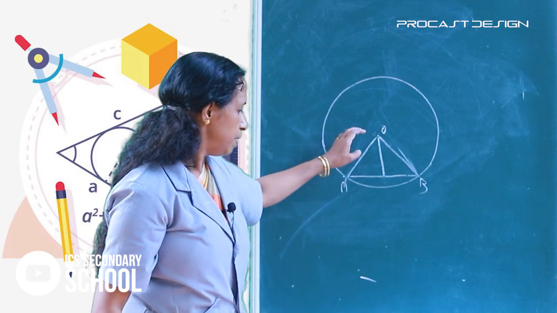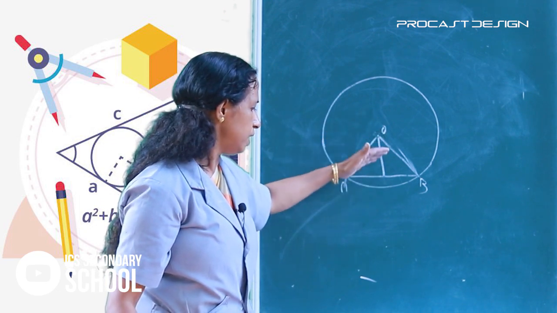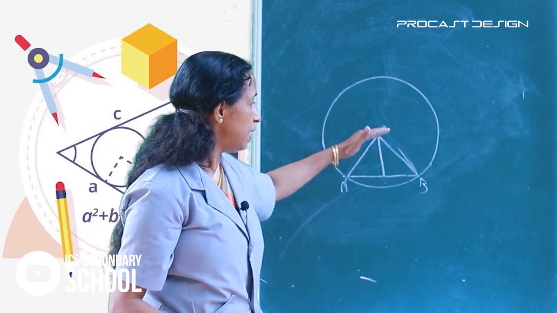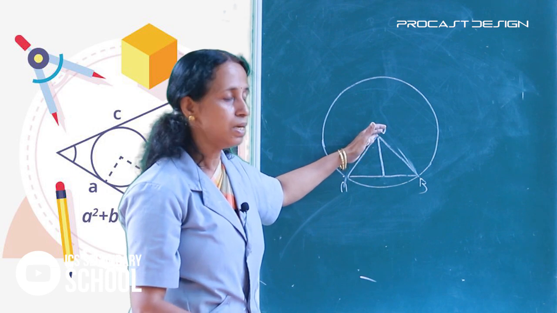The perpendicular from the third vertex bisects the base.